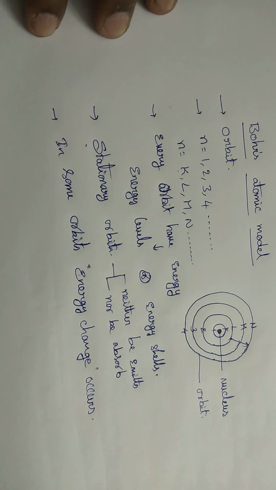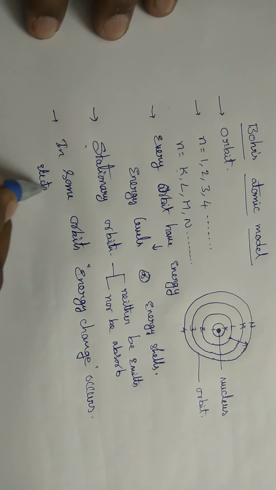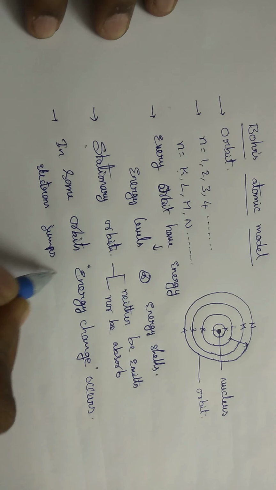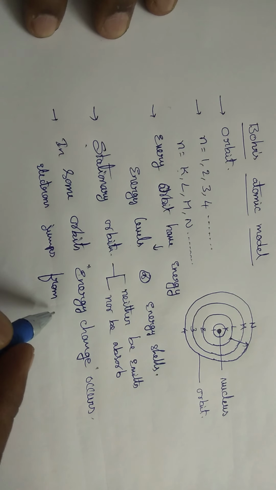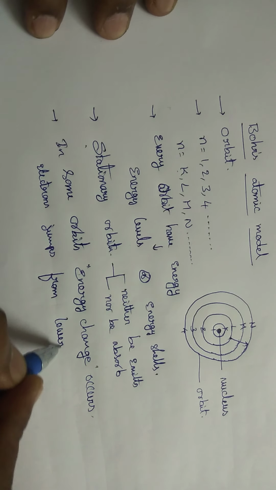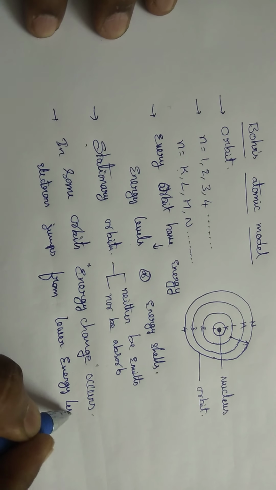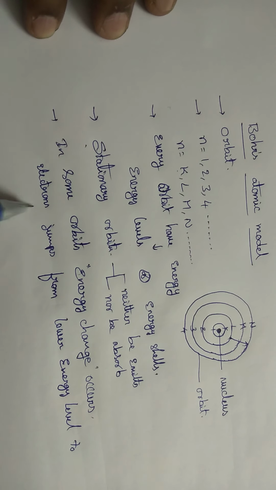How does the energy change occur? Sometimes electrons jump from a lower energy level to a higher energy level.